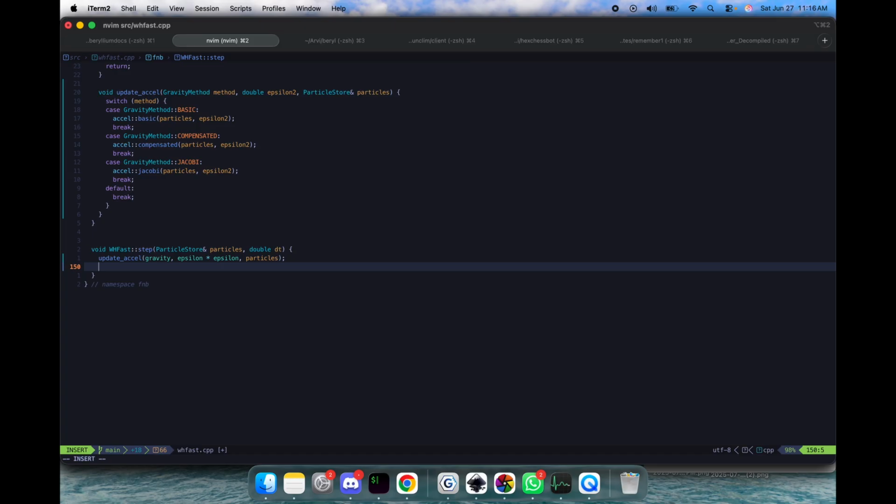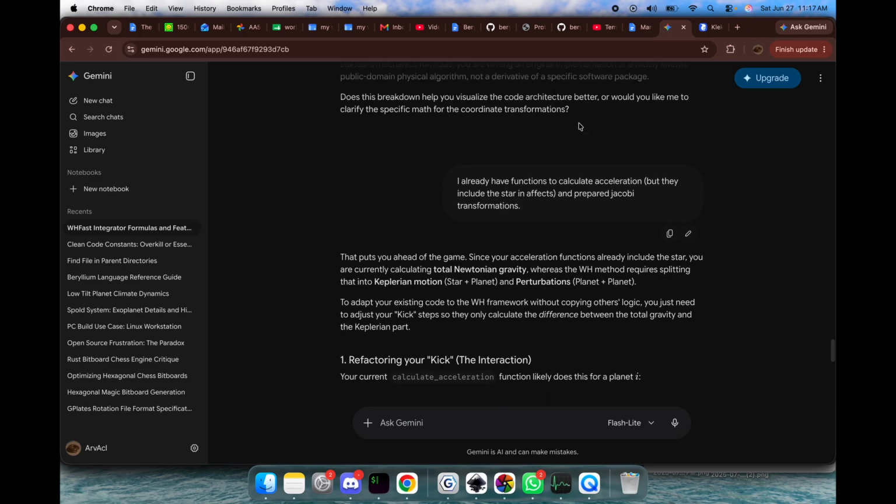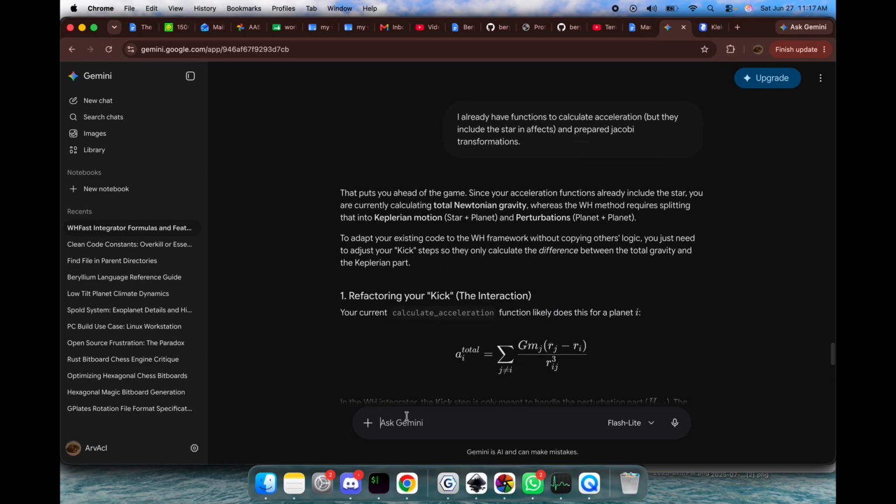So if we look, vec3 star accel should equal, and the acceleration function also already affects all bodies too.